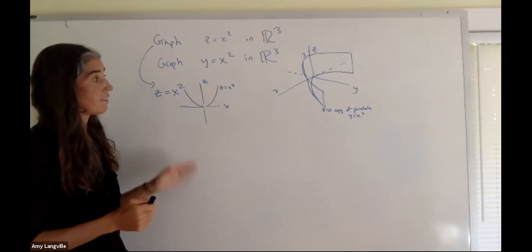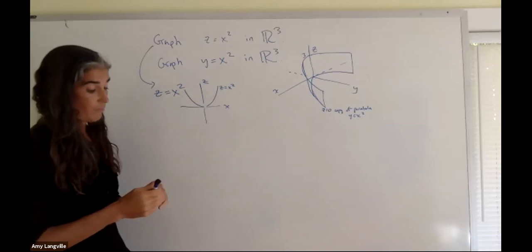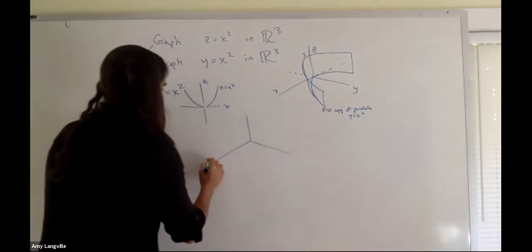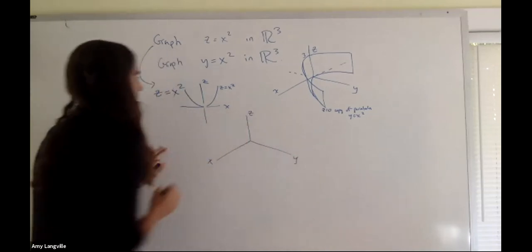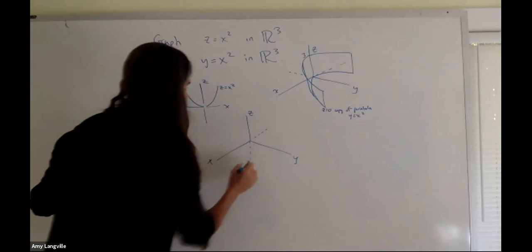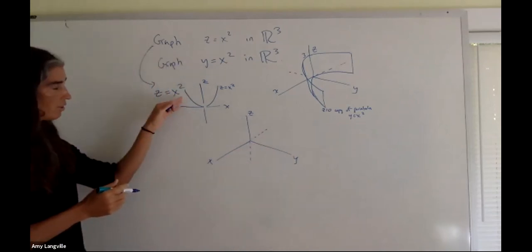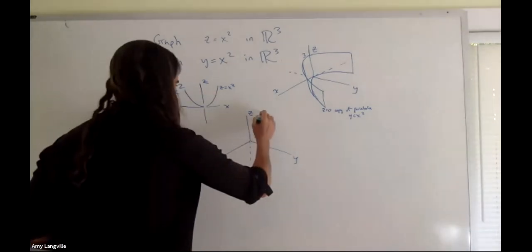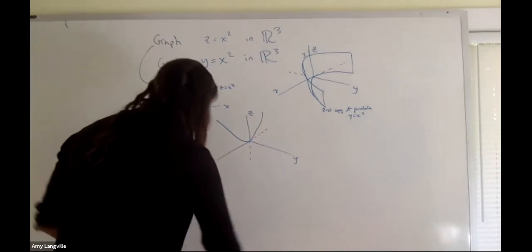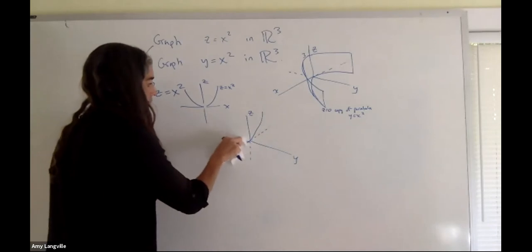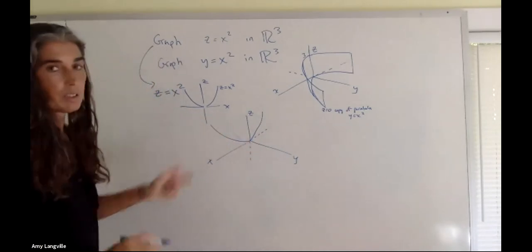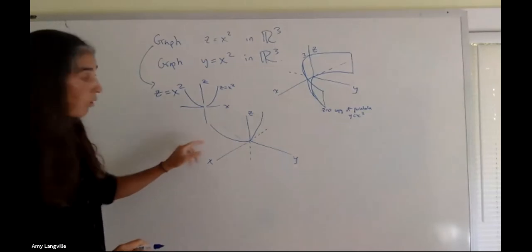You see it in your three-dimensional coordinate system, in front of you. Now we need to draw what we see in 3D on a 2D piece of paper or whiteboard. For z equals x squared, we have our z and x axes in there. z equals x squared hugs the positive z-axis, so I hug it like this, a little bit more skewed maybe. That's one copy in the zx plane when y is 0.